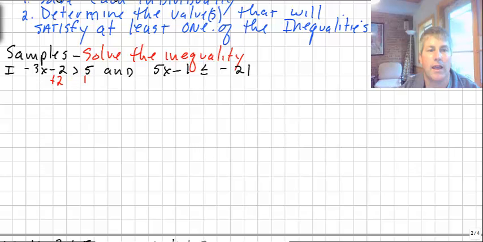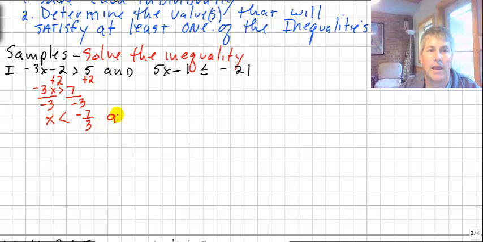I will add 2 to both sides, and we get negative 3x is greater than 7. I want to solve for x, so I'm going to divide by negative 3. Oops, I'm dividing by a negative. So I'm going to have to change the direction of that inequality. I'm going to flip that inequality around and get x is less than negative 7/3.